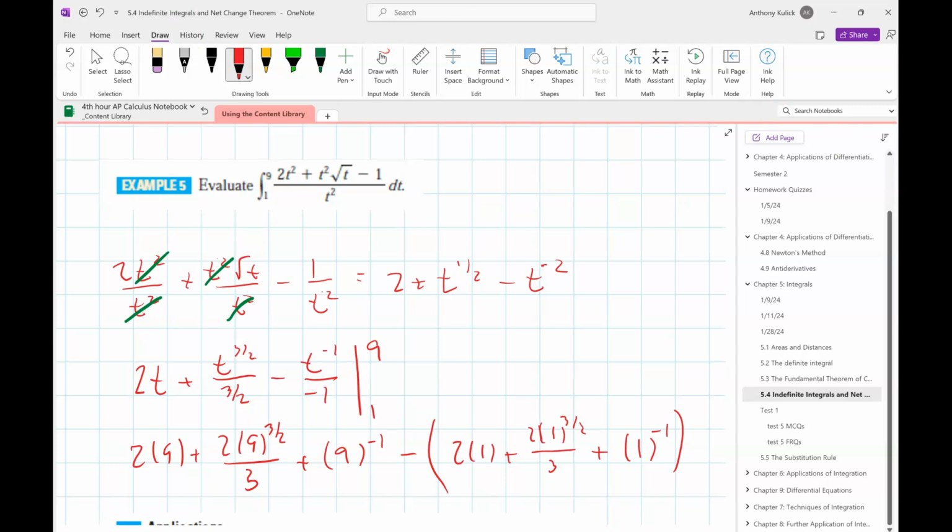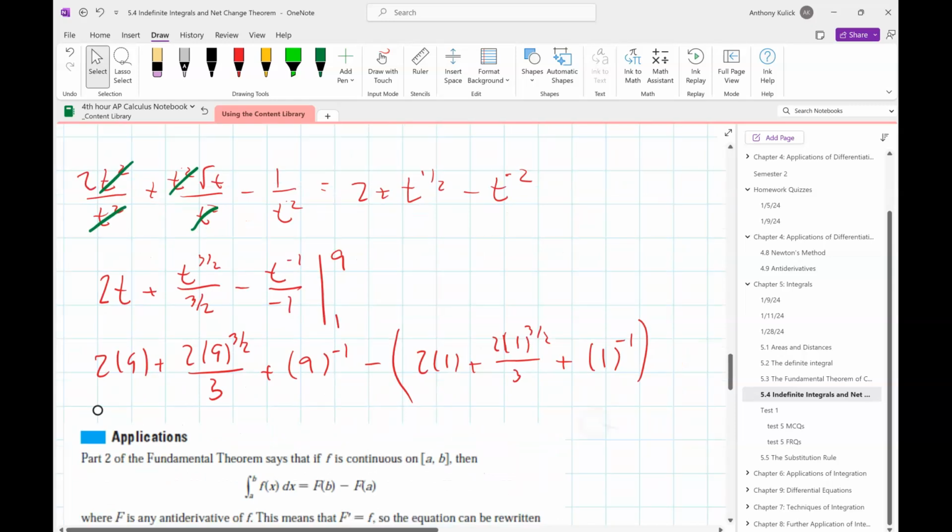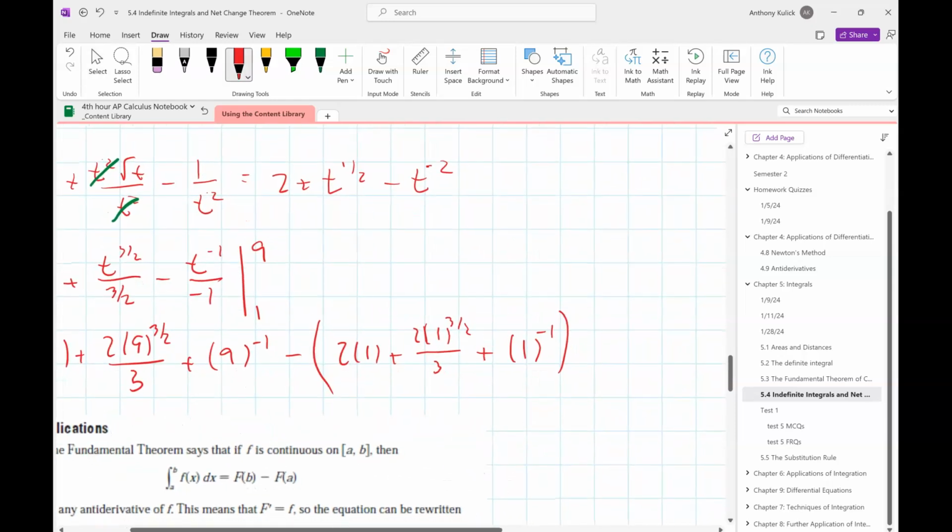Or you just type that through on your calculator and you get, let's see, what does it say here? 32 4/9. I don't know why they decide to write it as a mixed number. Oh, I see why.